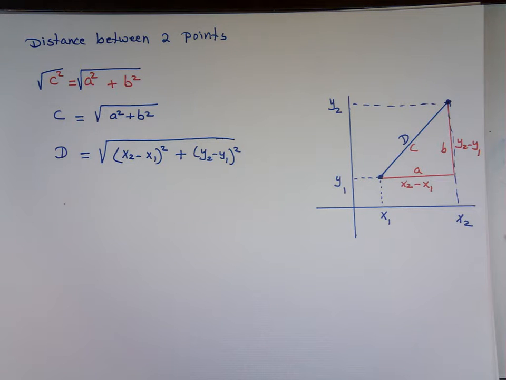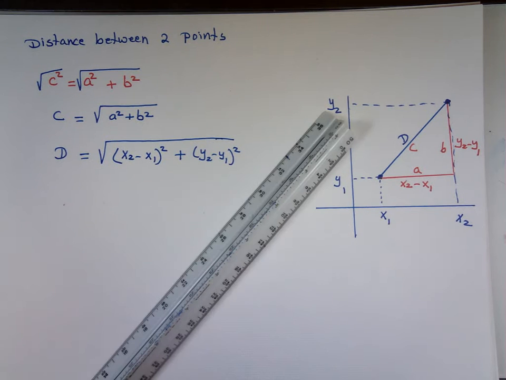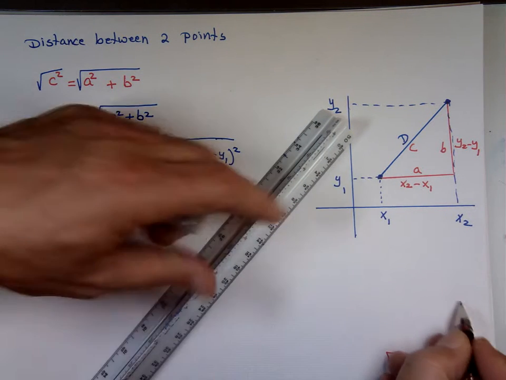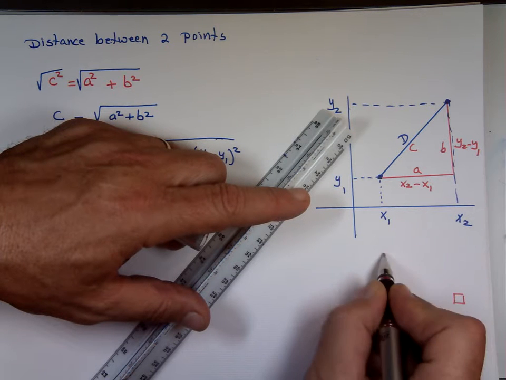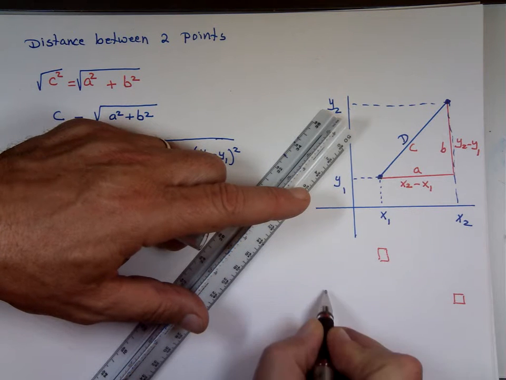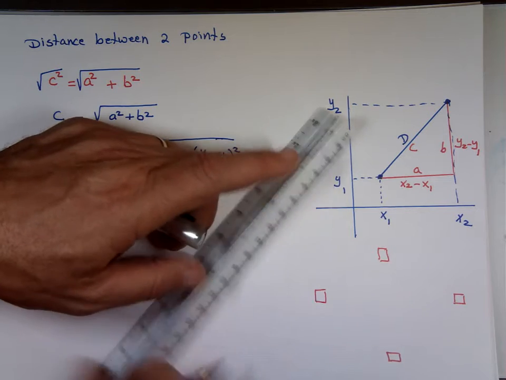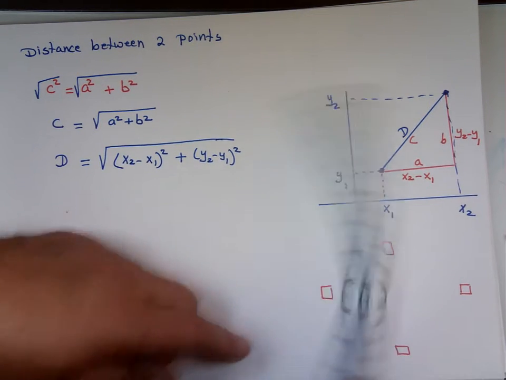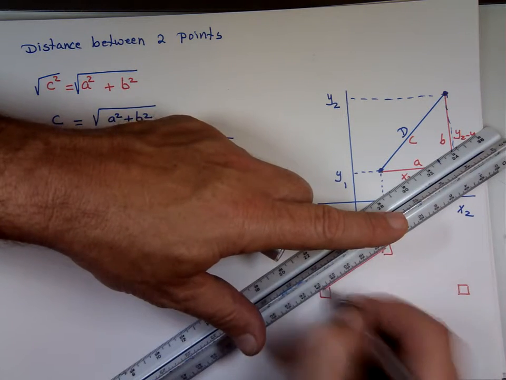We'll take baseball, for example. Well, you got home plate, you got first base, second base, third base. It's really a square if you connect it.